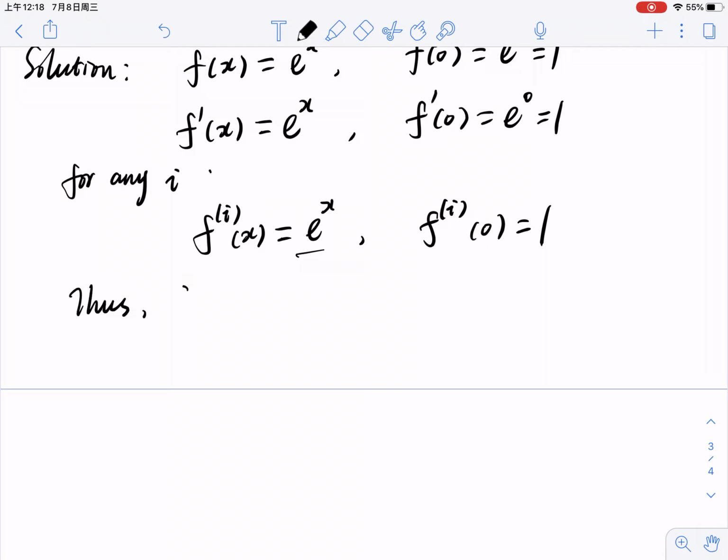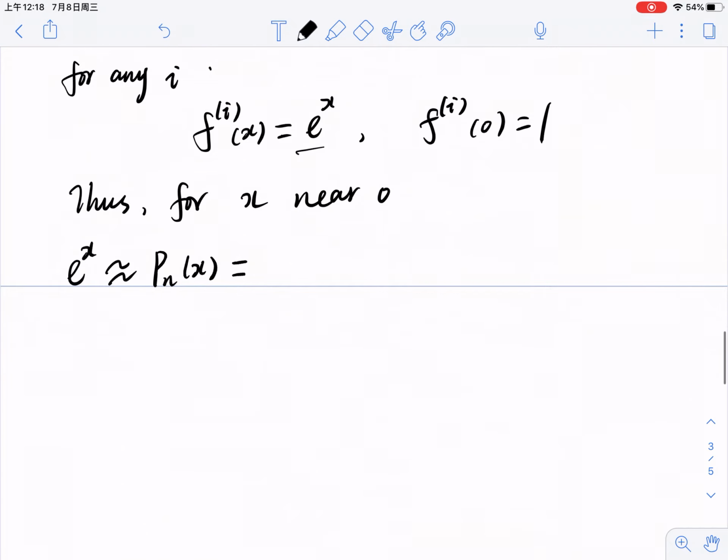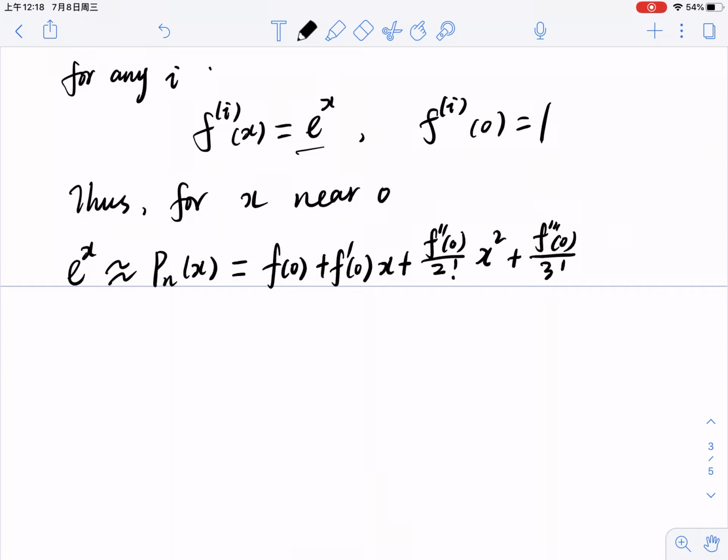So for x near 0, e to x can be approximated by this Taylor polynomial of degree n. By the formula, a is 0. So this is f(0) plus f'(0) x, then plus the second derivative, then plus the third derivative at 0 over 3 factorial times x cubed, then the nth derivative at 0 over n factorial times x to the power n.